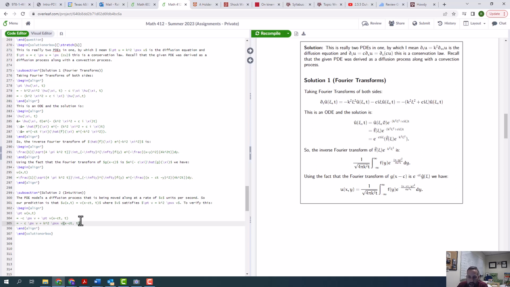So this is equal to k squared times the double x derivative of v minus c times the x derivative of v. So really, this is just a sort of chain rule exercise.